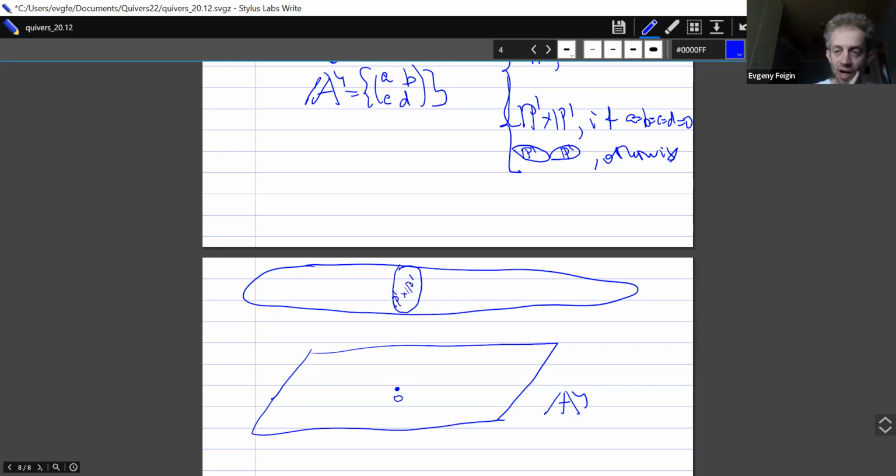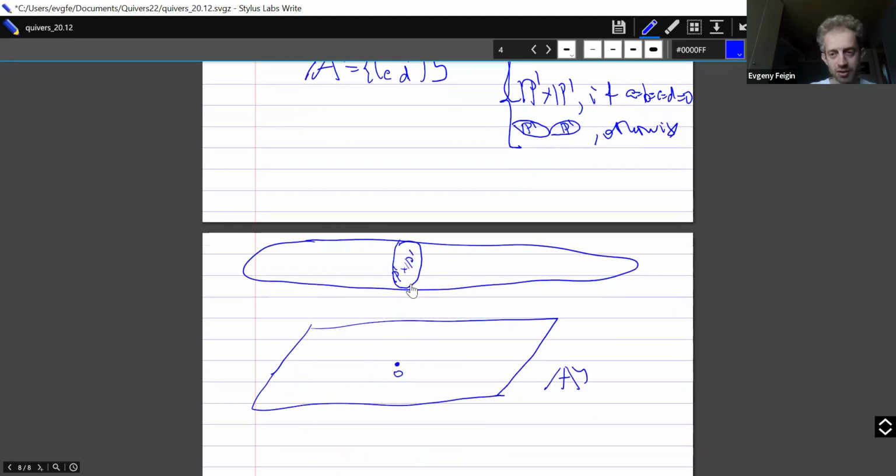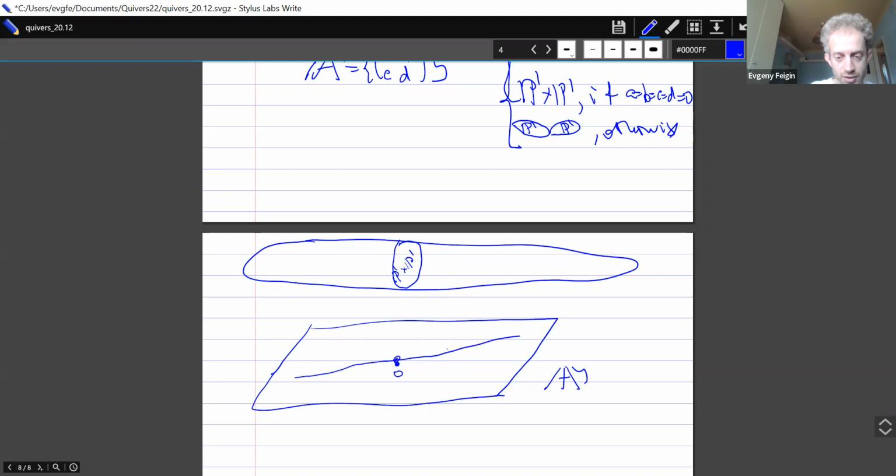Now we have one hypersurface cut out by the condition that the determinant is 0. Yes, it's 3-dimensional. So this determinant is 0. Over this thing, these are two P1s meeting at one point, right? So this is one-dimensional, and over all other points, it's just P1.